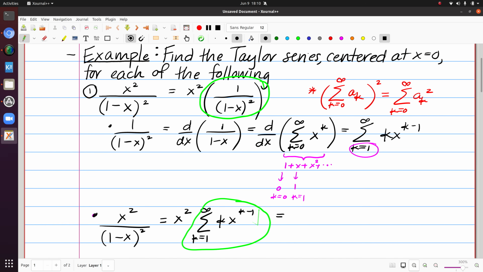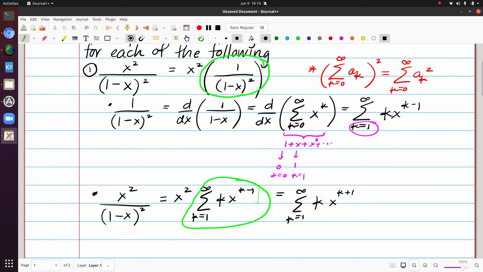And then the last step is now I can bring in that x squared by changing the power of x from k minus 1 to k plus 1. I'm adding 2 to the exponent of x here. And so that is my Taylor series centered at 0 for x squared over (1 minus x) quantity squared.